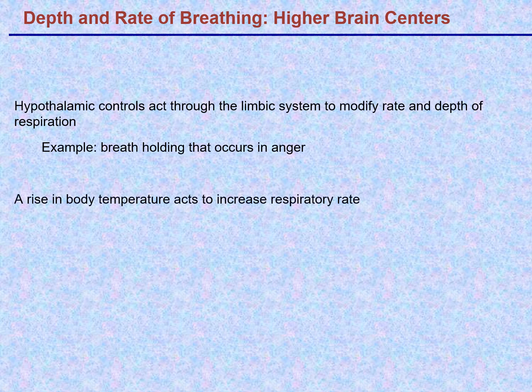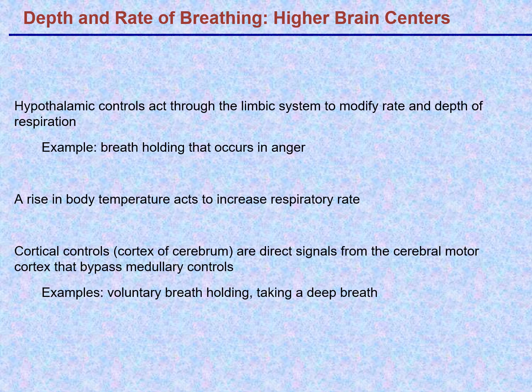The higher brain centers, as I said and explained earlier, can override every other influence. In an infant, or an extremely mad person with anger, they'll hold their breath unconsciously. They do it as an unconscious action due to this overriding effect.